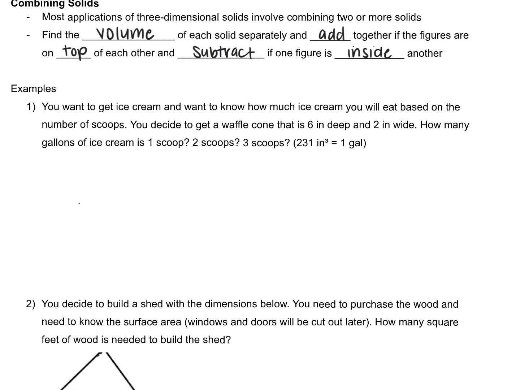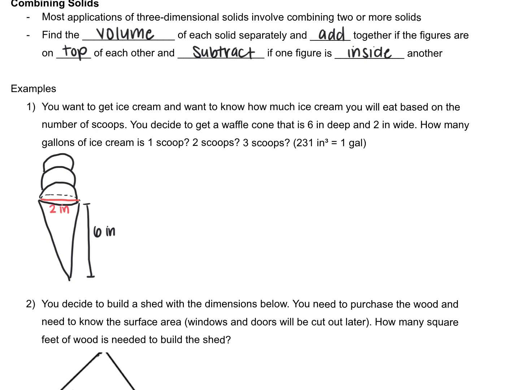Just think about what this looks like. A waffle cone is a cone, and then our ice cream scoops would go on top. For our cone, we know that it is 6 inches deep, and the diameter going across is 2 inches.